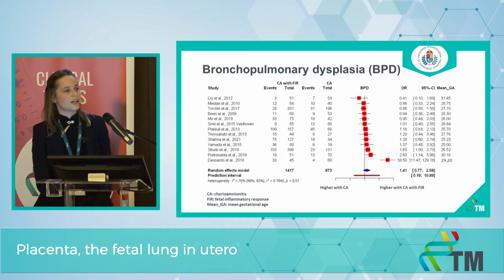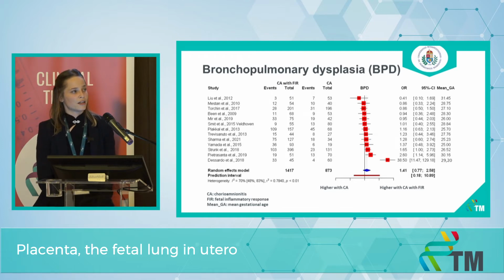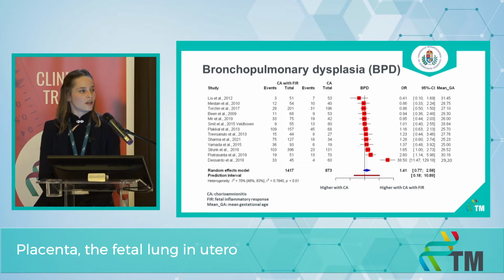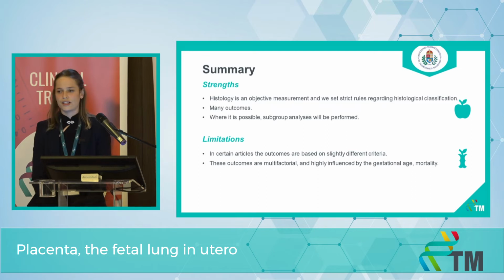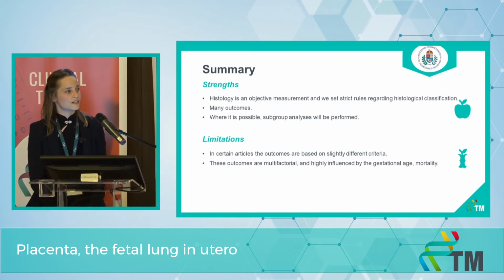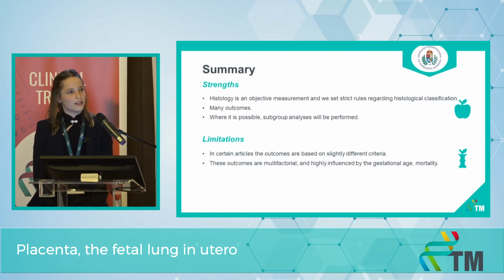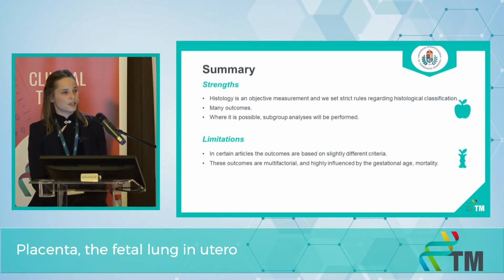And here we would like to make a subgroup analysis as well. All in all, the strength of our study is that we set quite strict rules regarding histological classification, and we analyzed several outcomes. And where it is possible, as I mentioned at BPD, subgroup analysis will be performed.